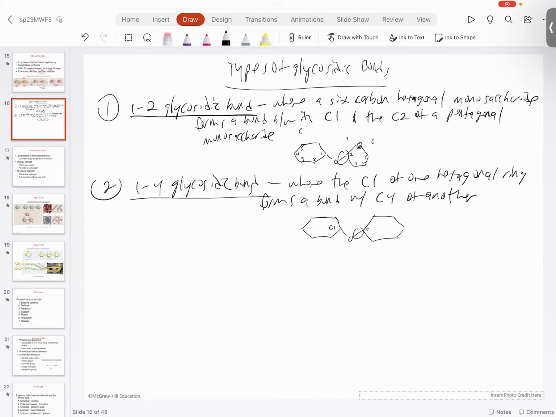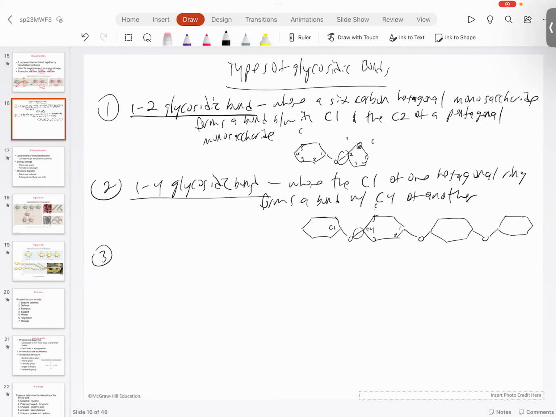This is carbon 1, this is carbon 4. So 1, 2, 3, 4, 5, 6. This one forms the long chains of things like glucose. So maltose is held together with the 1,4 glycosidic bond. Sucrose is held together with a 1,2 glycosidic bond.